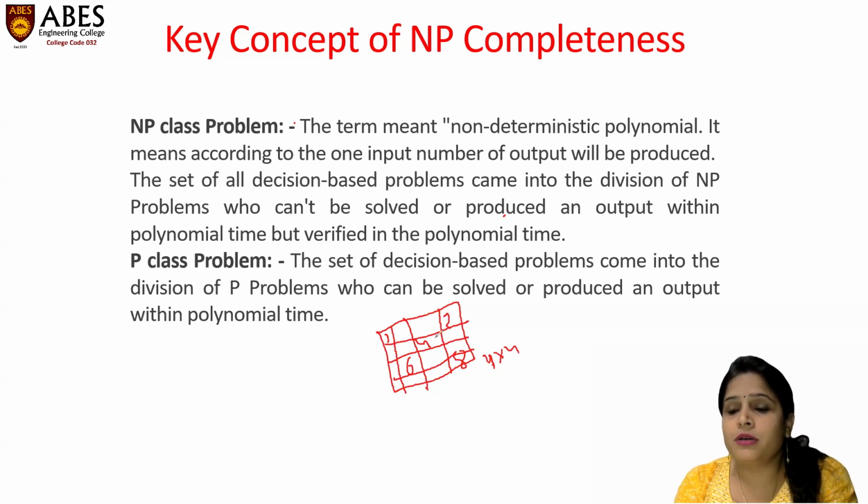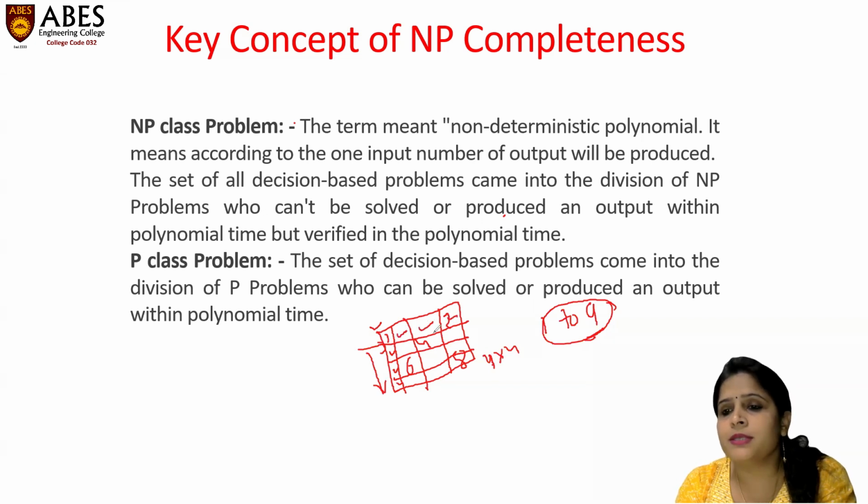I have to fill this block with numbers, but the condition is that in the same row and same column we can't repeat a number. Suppose in the first column 1 is here, so we cannot write 1 in this column, or in the same row. So this is basically the concept of Sudoku.